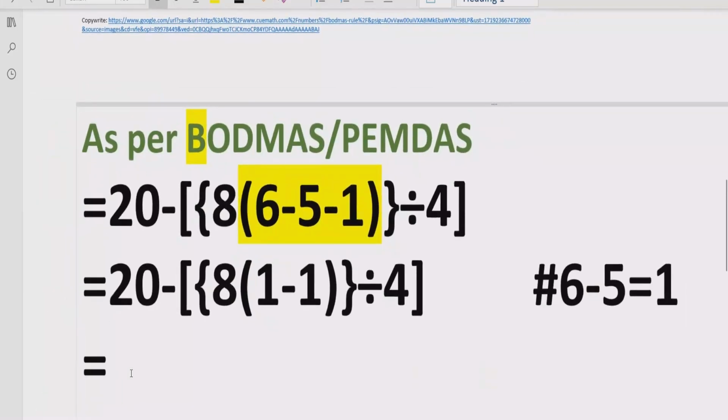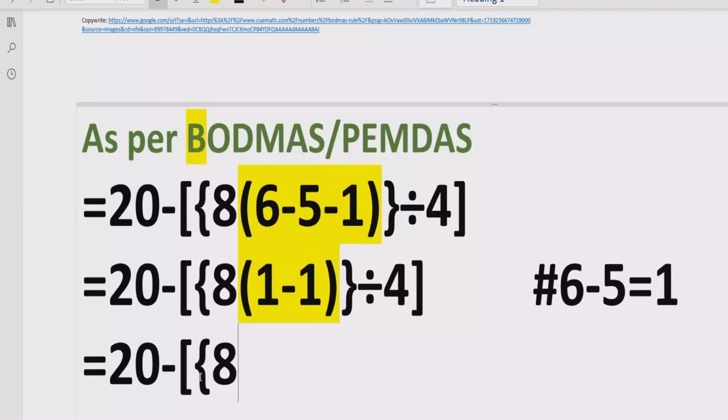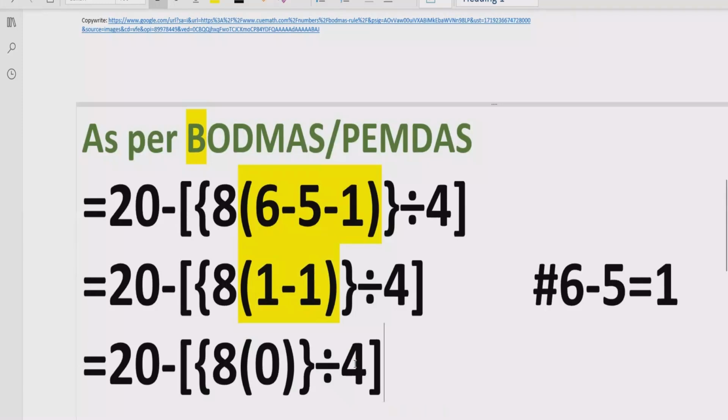Now again we have to solve inside the bracket, which is this first one, the inner bracket. 20 minus, again we will write this part as it is, 8, and this one is 1 minus 1 equals 0, multiply, and we will close the curly bracket and divided by 4, we can write as it is.